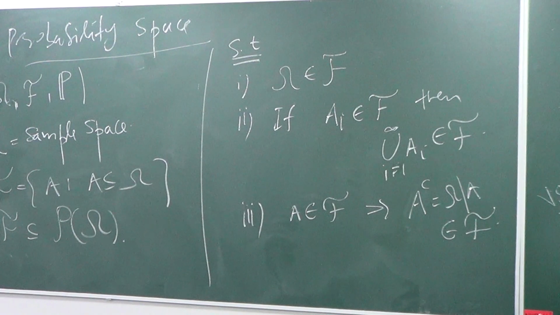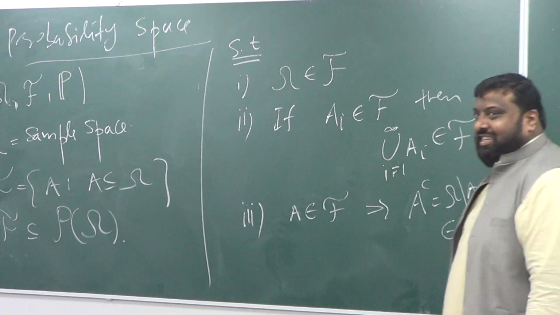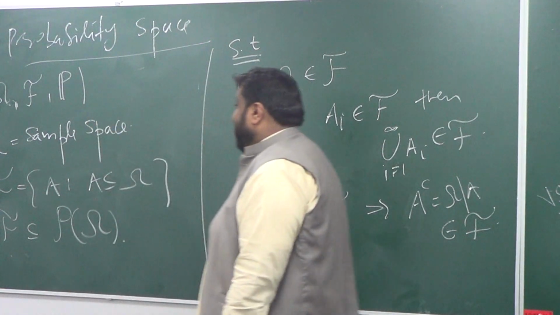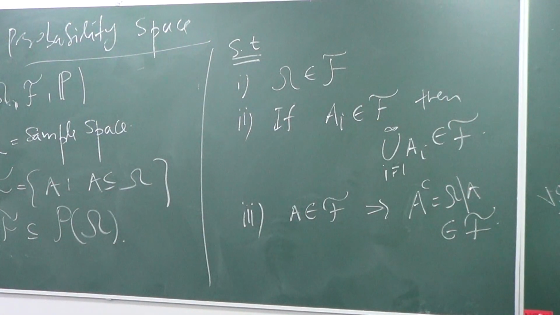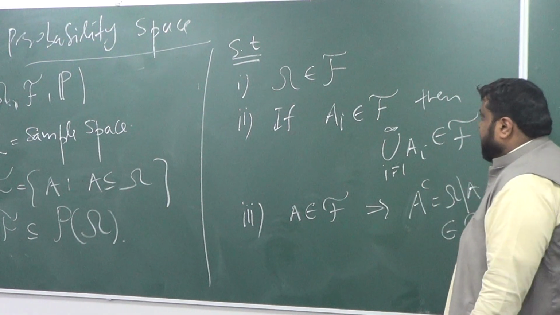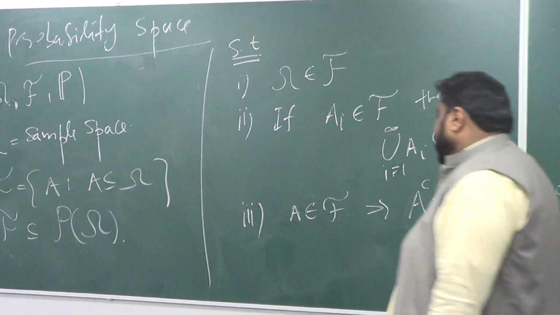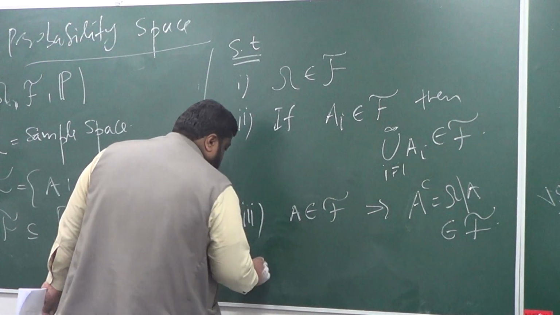Okay, something defining. If it is generalizing continuity, there must be some connection. Are you getting the point? Okay. So if these three conditions are satisfied, you call F a sigma field.